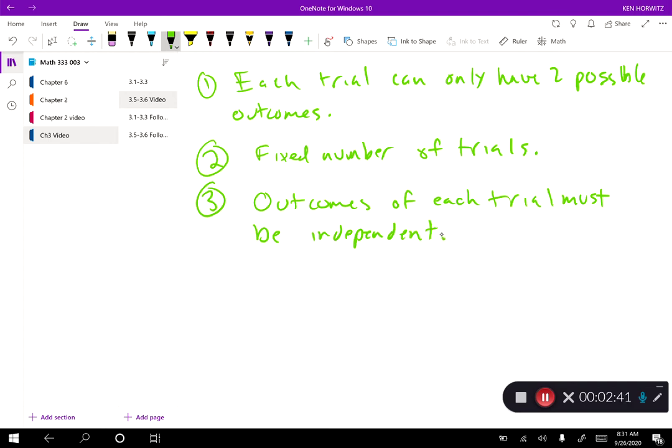Basically, in a coin flip, just because you flip a coin and get a head doesn't necessarily mean that the next flip you're going to get a tail.